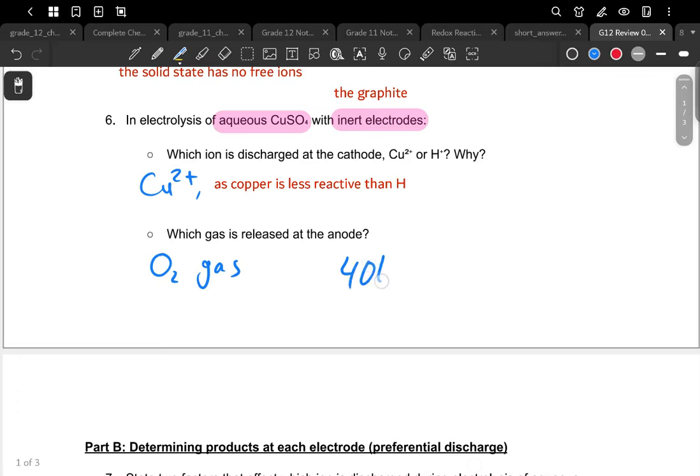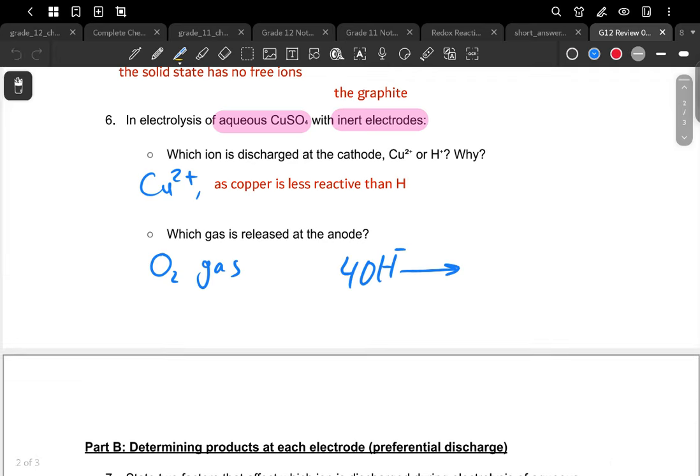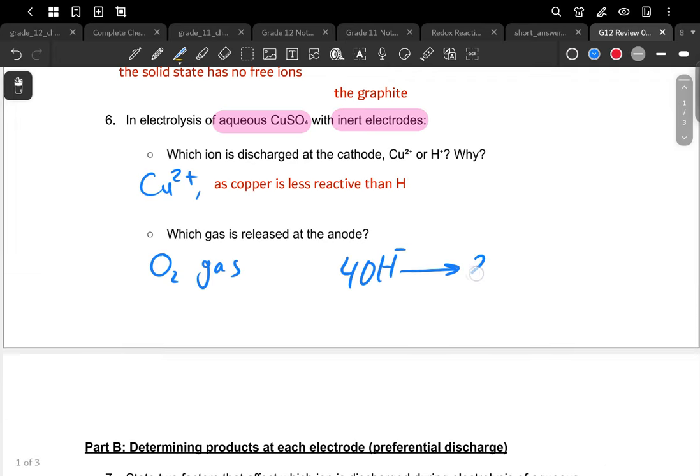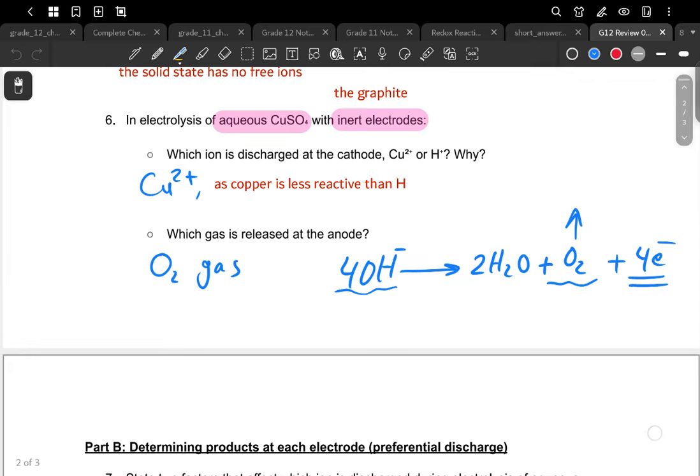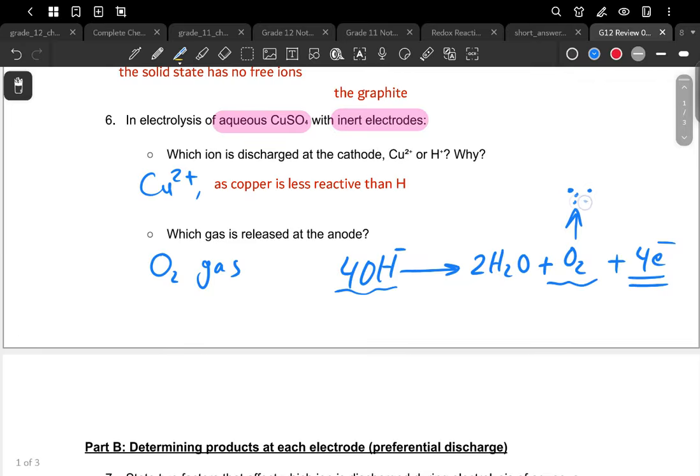The hydroxide ion is oxidized, losing electrons, forming 2 water molecules plus 1 oxygen and 4 electrons. These are the electrons that are lost. So the hydroxide ion of water is oxidized, producing the oxygen bubbles that you saw at the anode.